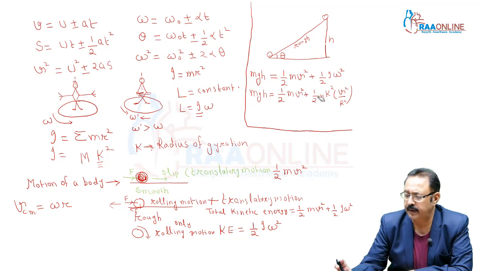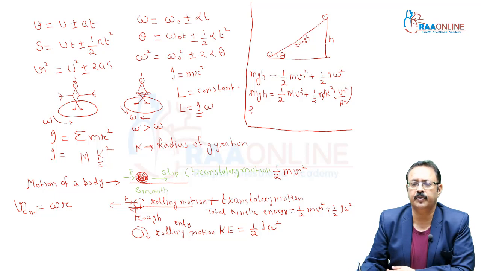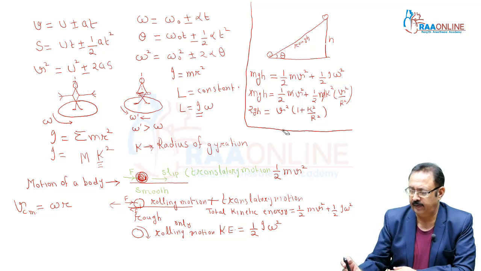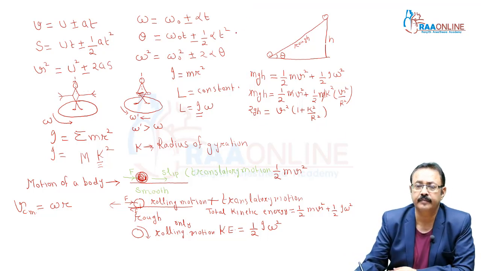We are denoting mass by small m. Cancel mass, mass, mass. So what we are getting, 2gh is equal to, take v square common, 1 plus k square by r square.